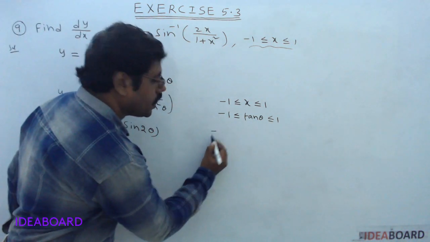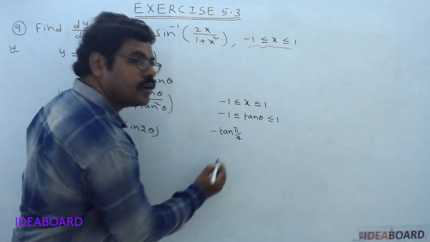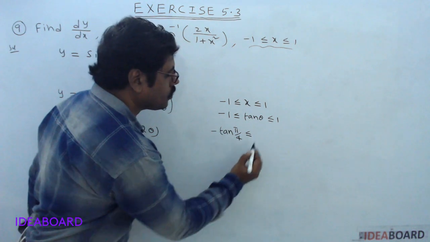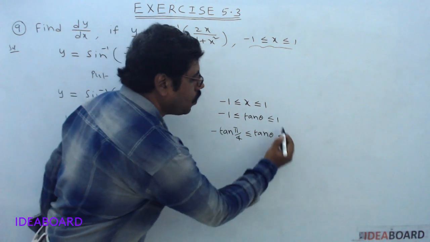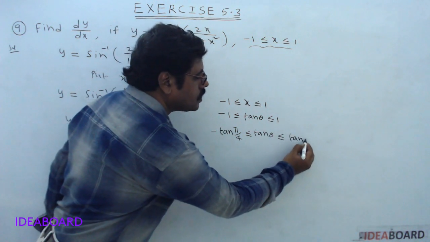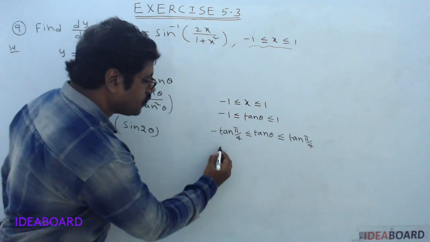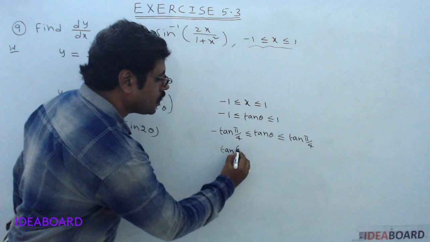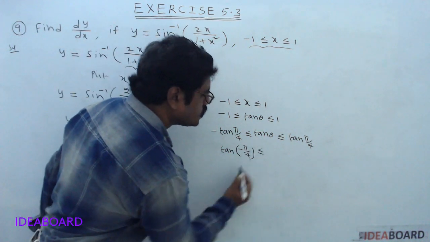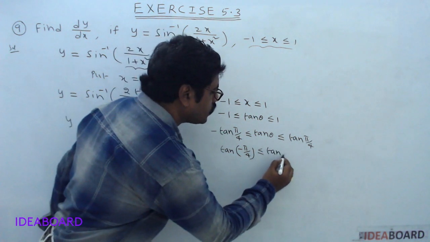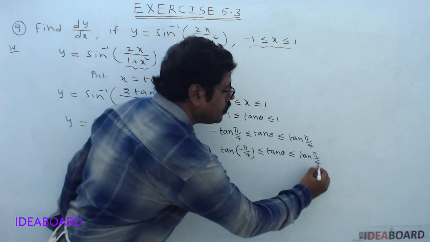This 1 can be taken as tan pi by 4, and minus 1 can be taken as tan of minus pi by 4. So, tan of minus pi by 4 less than or equal to tan theta less than or equal to tan pi by 4.